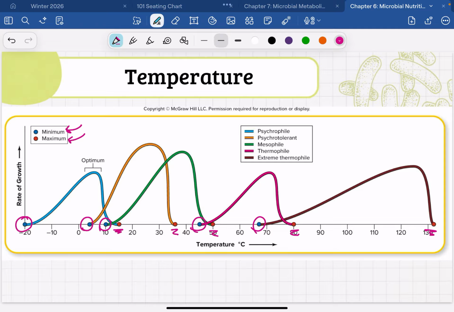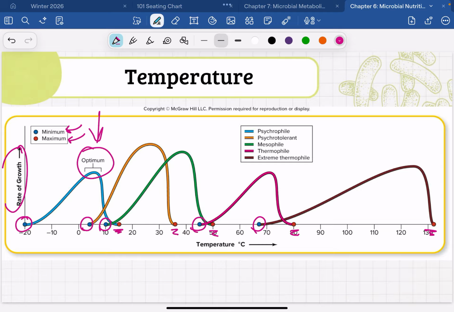The third thing, which is the one that we're going to talk the most about, is the optimum temperature, which is the average temperature at which they grow best. And that's why this graph is showing it as a peak, because this graph is looking at the rate of growth. And so the rate of growth is going to be highest at the optimum temperature, right? My optimum temperature is 72 degrees Fahrenheit.